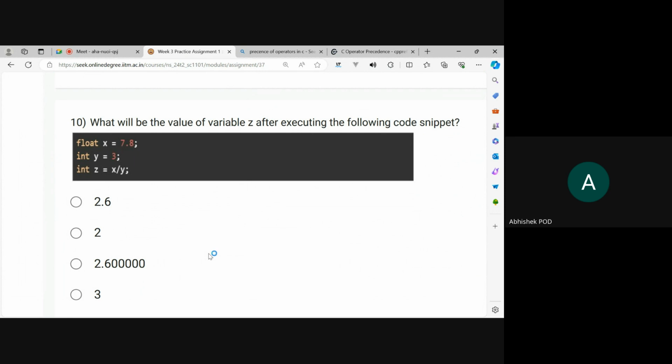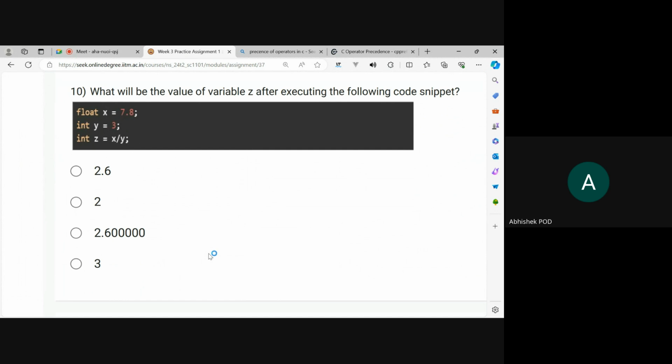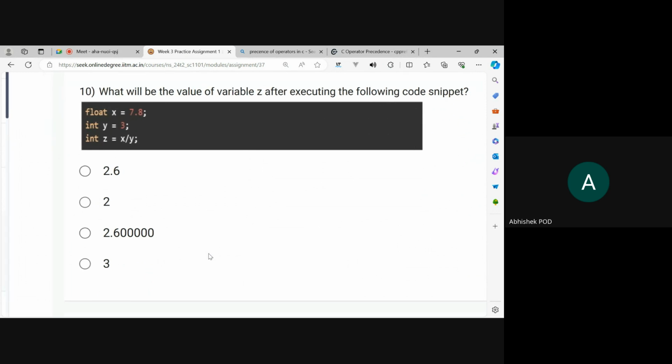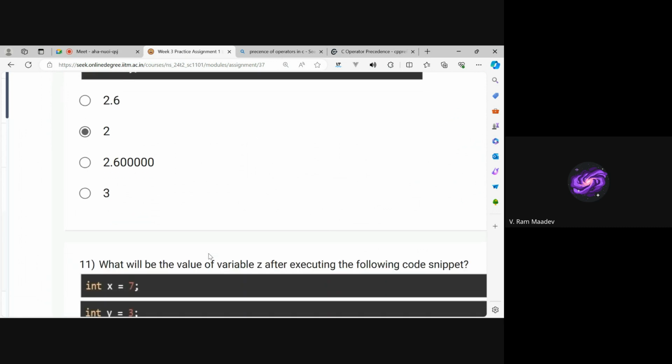And ultimately, what you will be left with is 2.6 is not the answer. 2.600 is not the answer. You are only left with 2. Because anything after precision is lost, you are left with the value that is on the left hand side of the precision. That is 2. Does this make sense? Yes, sir. It's understood.